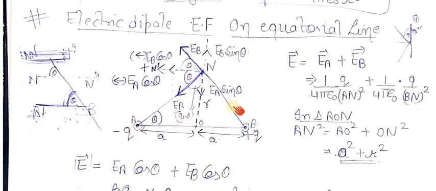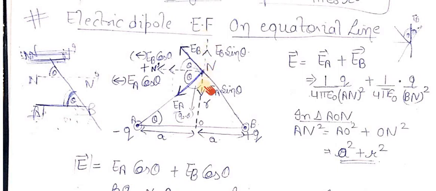Same concept: you have to find the electric field intensity due to minus Q and due to plus Q, then this is a resultant. But there is some problem here: there is a resultant electric field, but in component form, right? Now you will see this is minus Q, it will attract. If a unit positive test charge is placed here, it attracts, so the direction is this. This one is positive, it repels, so the direction is this. Where will the resultant of these two be? In between these two, so this is the resultant. Now we will see which component comes along the direction of this line and which one goes perpendicular.